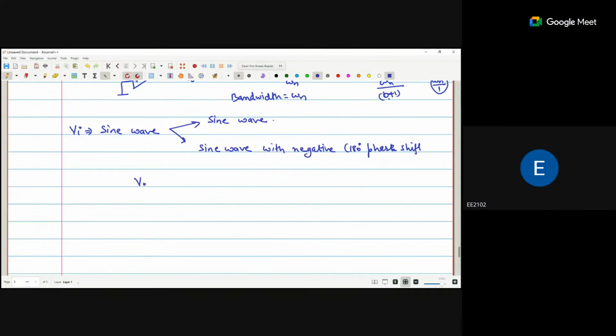So your circuit will be: you apply the Vi, and V naught is minus Vi into 1 plus S upon omega.